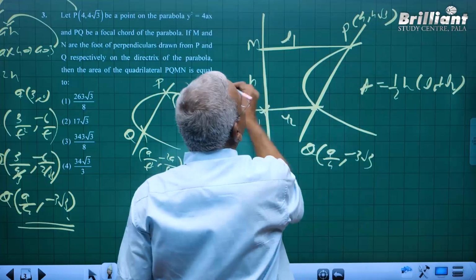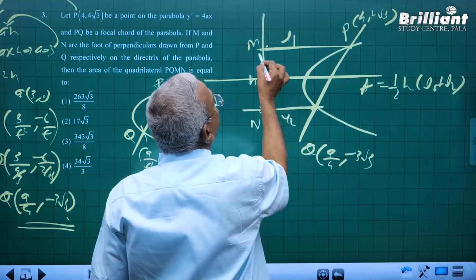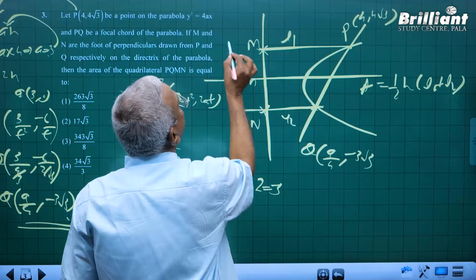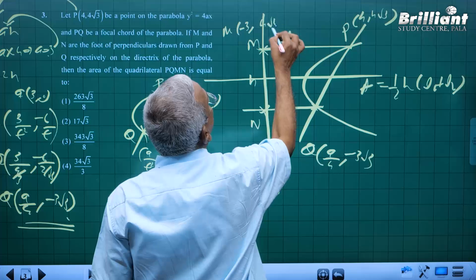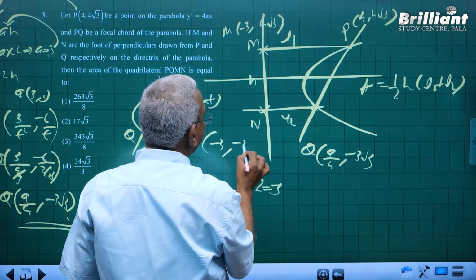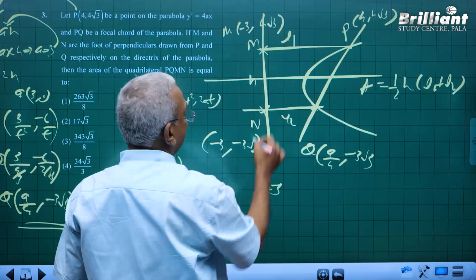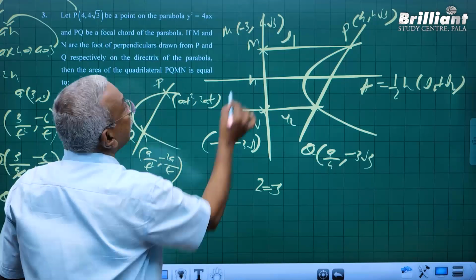You know, this line is parallel to the x-axis, so this length you can easily find. What about this one? It is minus 3. So the coordinate of M is minus 3 comma 4 root 3, and this N is minus 3 comma minus 3 root 3. So what is MN? Then MN, that's our height, is the difference of those two.